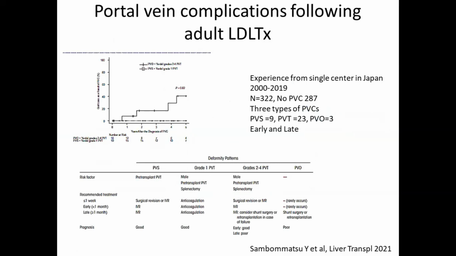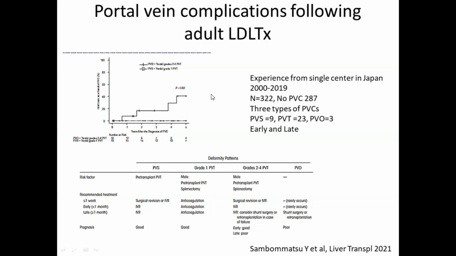This is one very good study which got published in Liver Transplantation about 3 years ago. Herein, the authors from this single center in Japan have described all the portal vein complications as PVCs, and they have classified them into 3: portal vein stenosis, portal vein thrombosis, and portal vein occlusion.